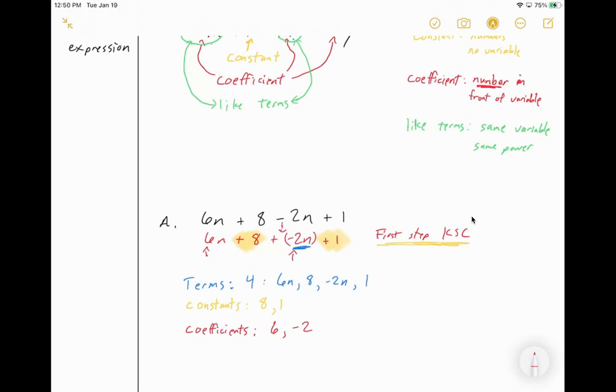Okay, lastly, are there any like terms? Any ones that we would eventually combine? Okay, so which ones are together? Which ones could we put together that have the same variable or no variable to the same power?